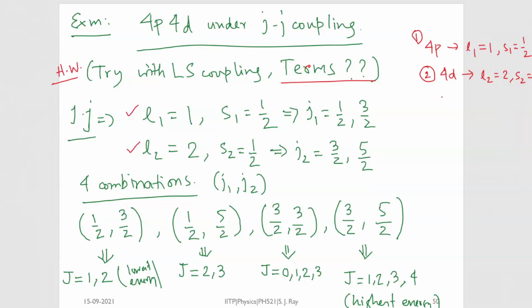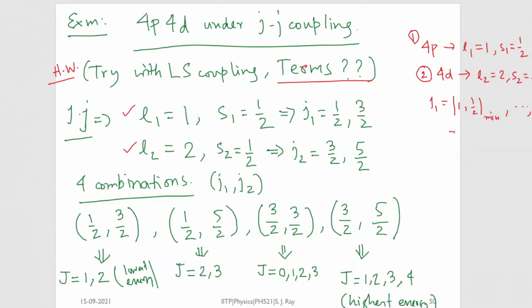Now what I have to do is, let's say I'll try to find out J1. I'll not put the vector sign here because I'm just taking the amplitude. So here J1 will range from the minimum of 1 minus half until it reaches the maximum, that is 1 plus half.